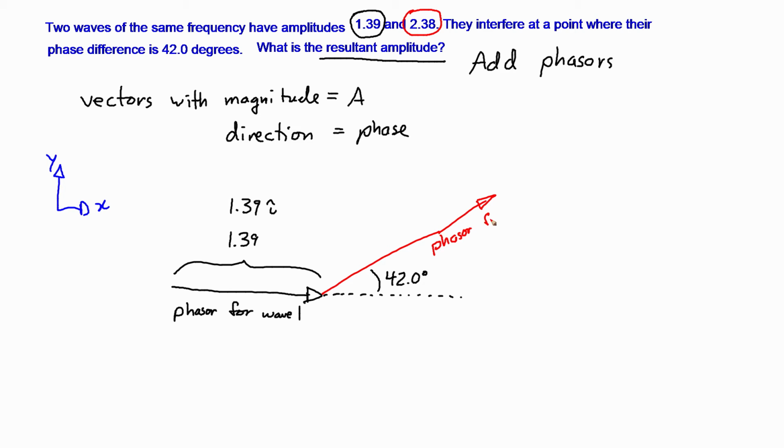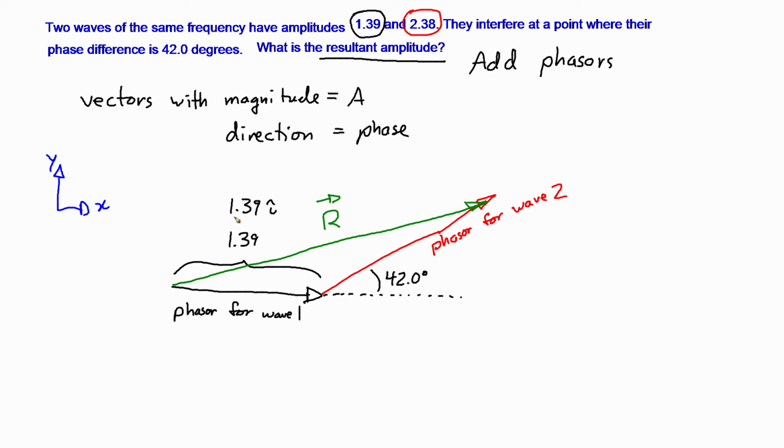The phasor for wave 2, which is in red. I have to do vector addition, and I'm going to get a resultant that I'll draw in green. It's tricky to draw a straight line on this, but this is the resultant. I'll just call this resultant R. And I'm doing vector addition, so I have to actually add these up.